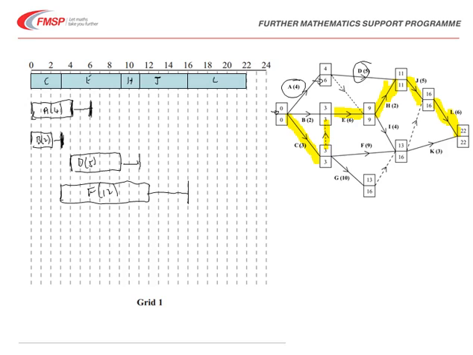Just a few more to do. G also can start at that time of 3. It is length 10, so could be finished by time 13.